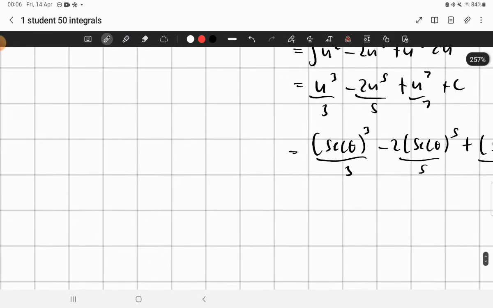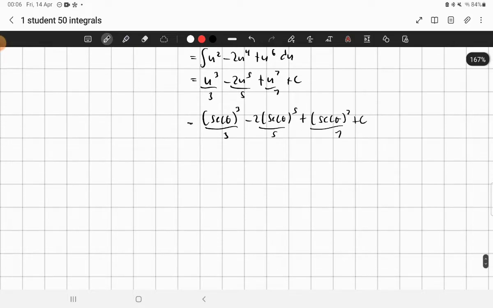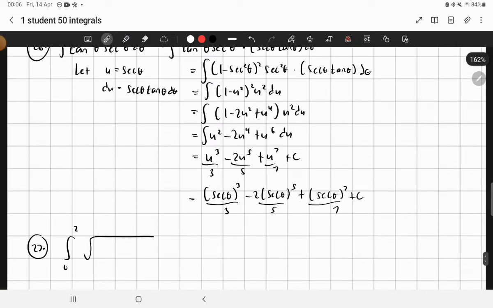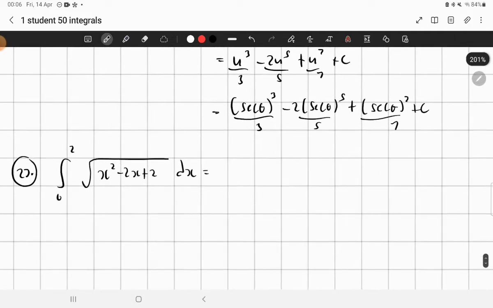So let me move on to question 27 now. So 27 we have, oh, the next one. The integral from 0 up to 2 of the square root of x squared minus 2x plus 2 dx. And I believe I can't just simply integrate this as usual.